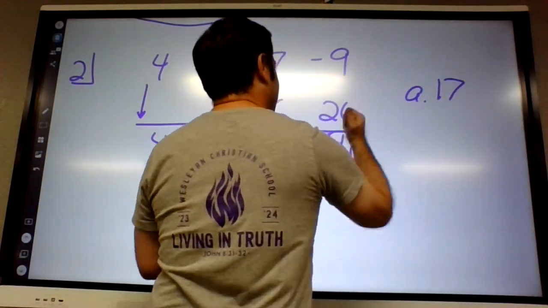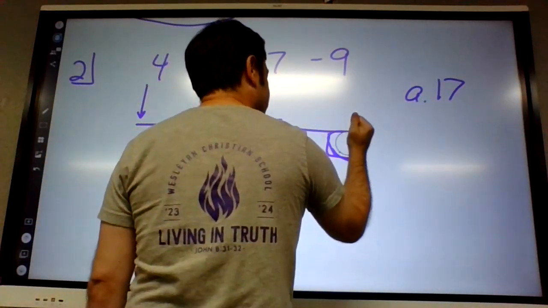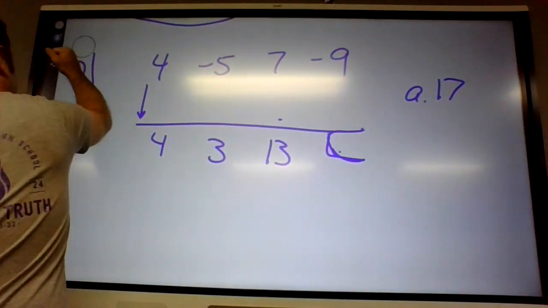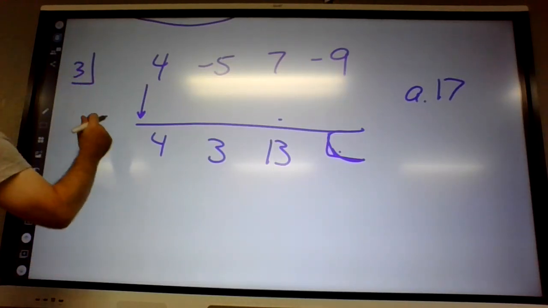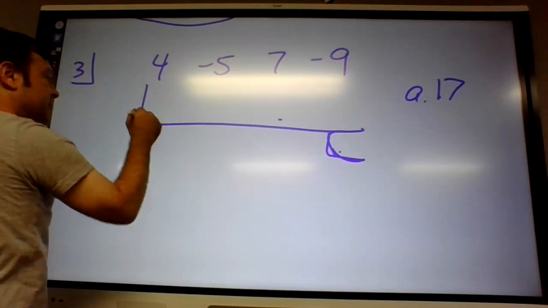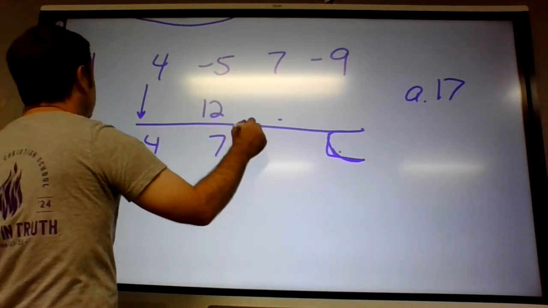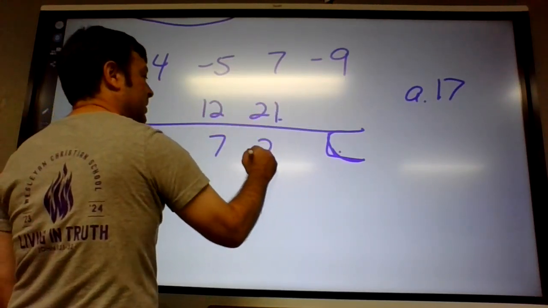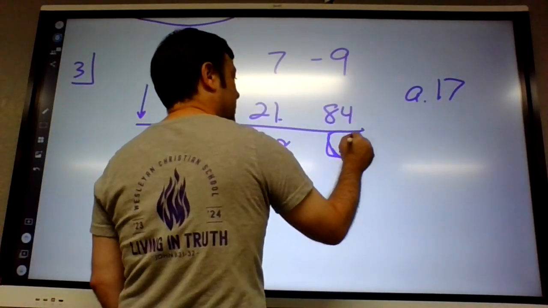I'm just going to erase. Sorry for your loss. And we're plugging in 3. So add down, multiply up, add down, multiply up, add down, multiply up, add down.